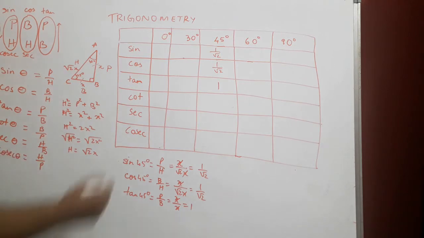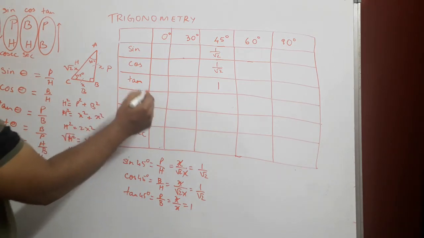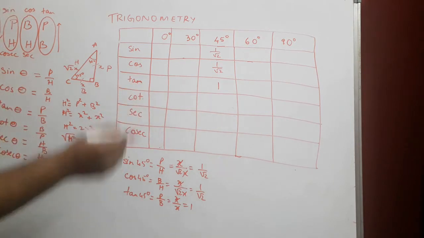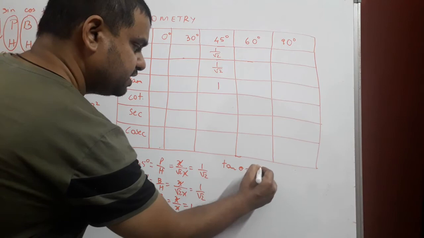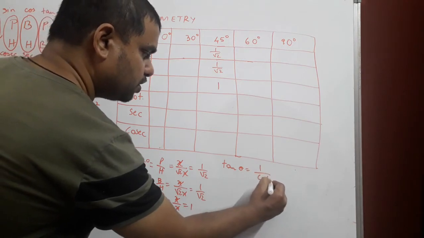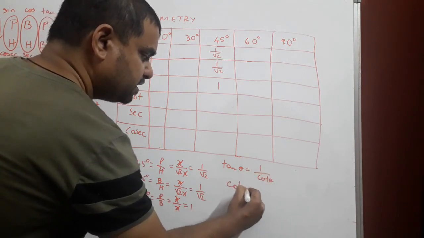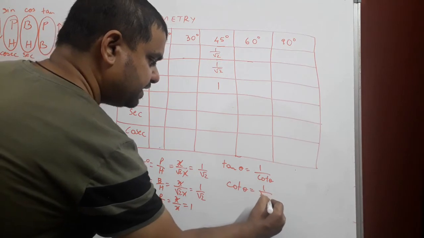How do we do that? We know that cot is the opposite of tan. It's actually a reciprocal. We know from our previous formula that tan theta is equal to 1 upon cot theta, or cot theta is equal to 1 upon tan theta.